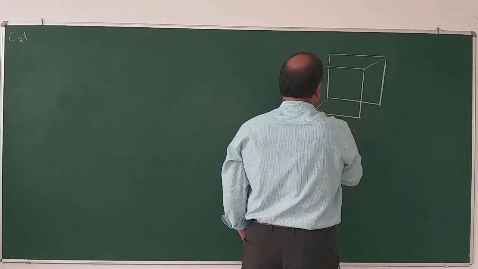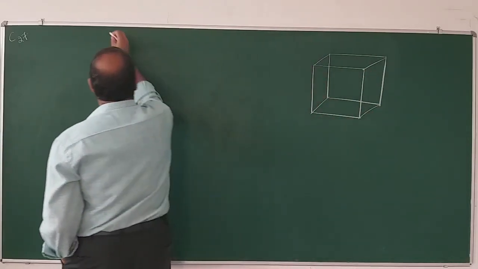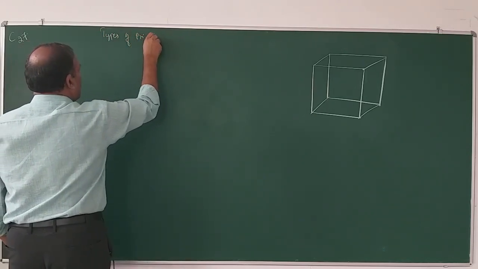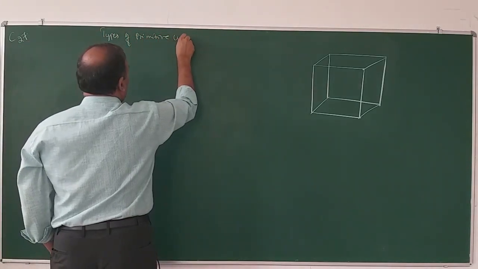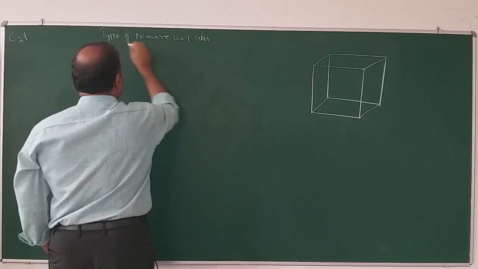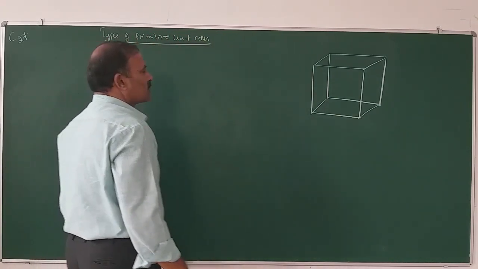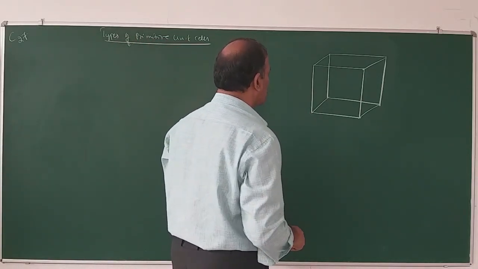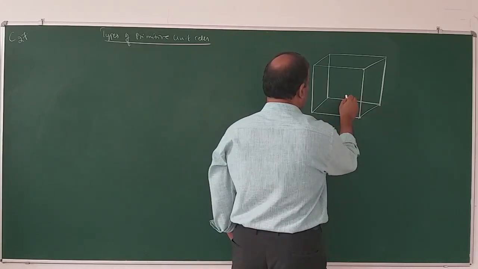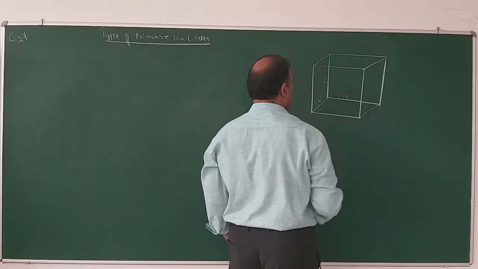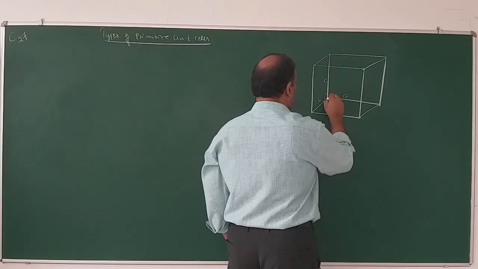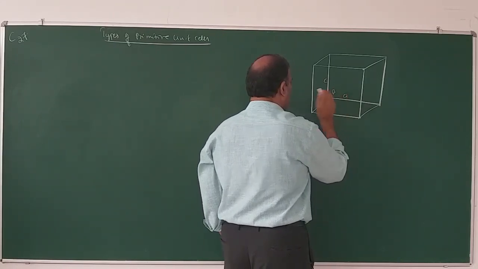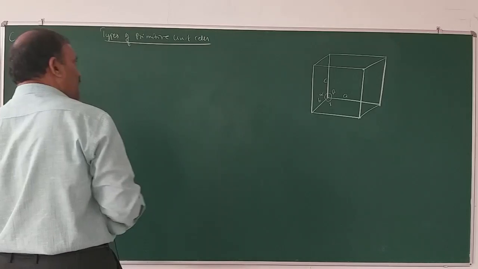Types of primitive unit cells. Cells in which the points are present only at the corners are called primitive unit cells. Depending upon the lengths A, B, C, called axial lengths, and the axial angles alpha, beta and gamma, primitive unit cells are of 7 types.